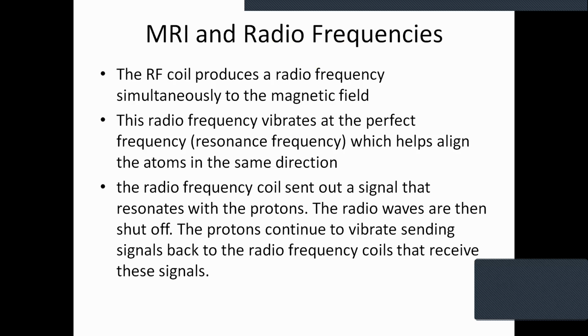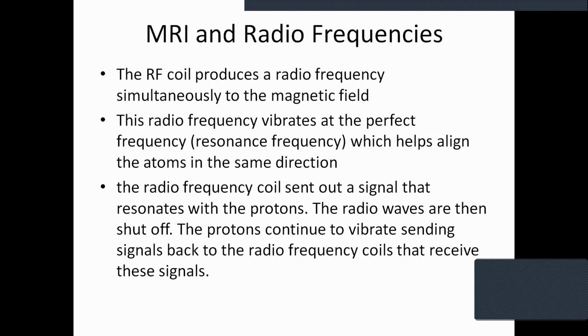So in this MRI, the radio frequency coil produces radio frequency simultaneously with the magnetic field. Why? Because in and around the MRI machine there is a magnetic field. Therefore the RF frequency is aligned with this magnetic field. With this effect, the frequencies generate the resonant frequency, and they help align the atoms in the same direction.